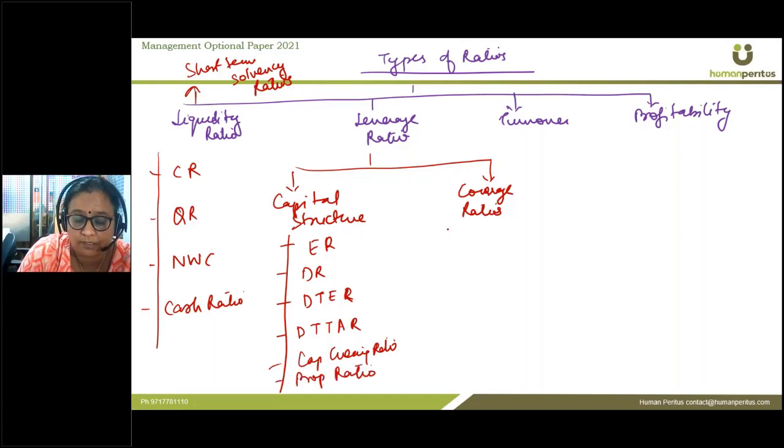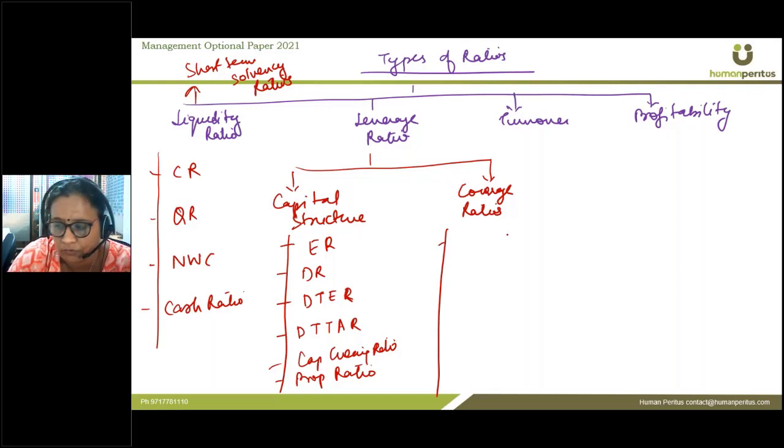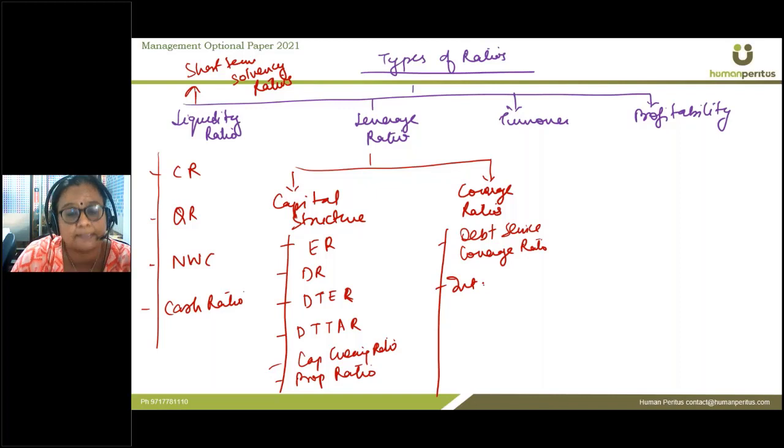Okay, so coverage ratios, if you are talking about, then one must calculate debt service coverage ratio and interest coverage. So lenders are more interested in knowing whether the company is able to discharge its financial liabilities, okay, in interest.